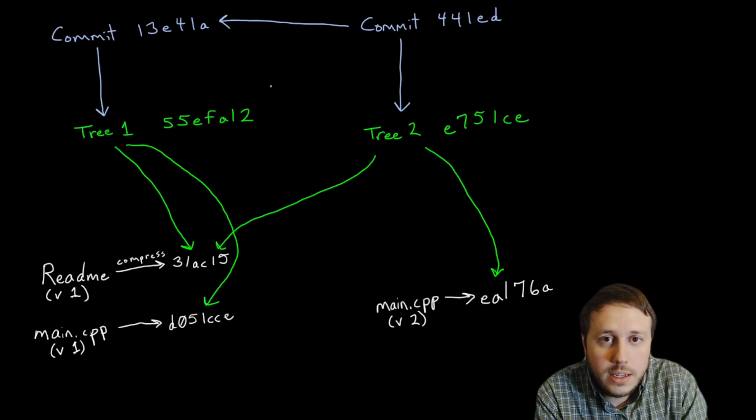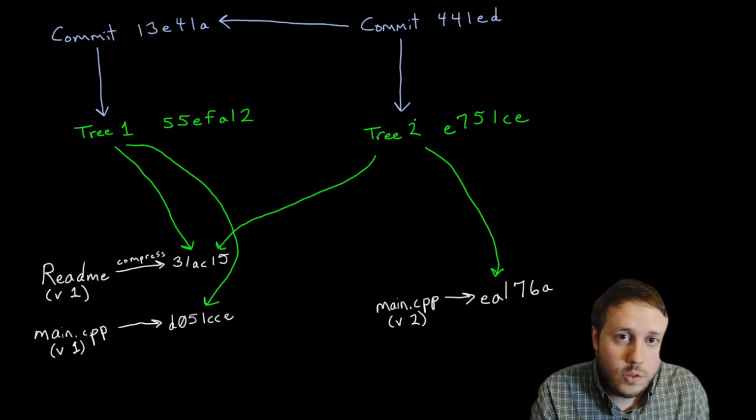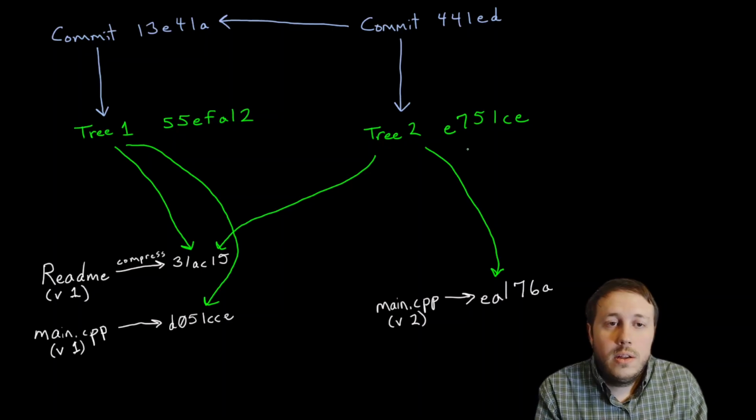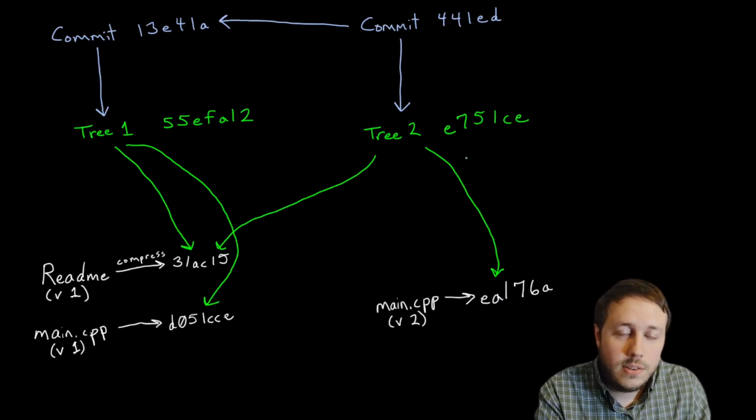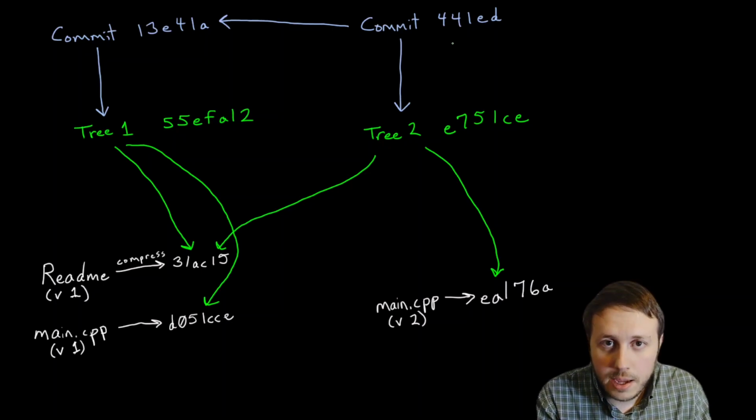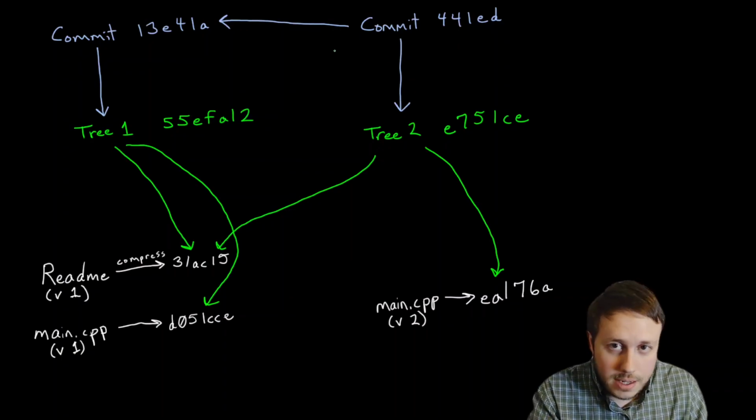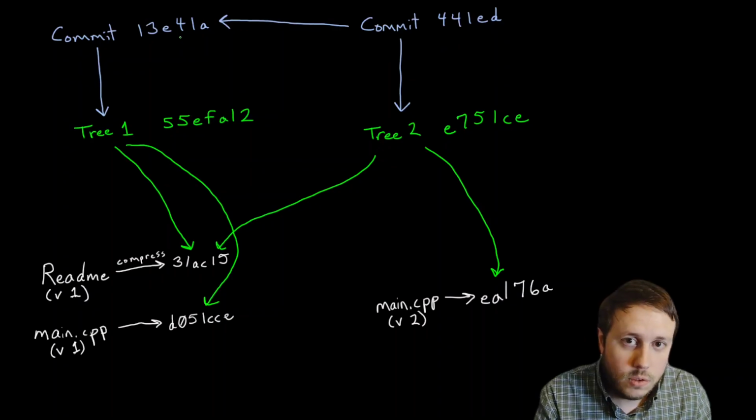And so that's really all a commit is. It's just references to the versions of files that existed at the moment in time when this commit was created, as well as some metadata and a reference to whatever the previous commit was.